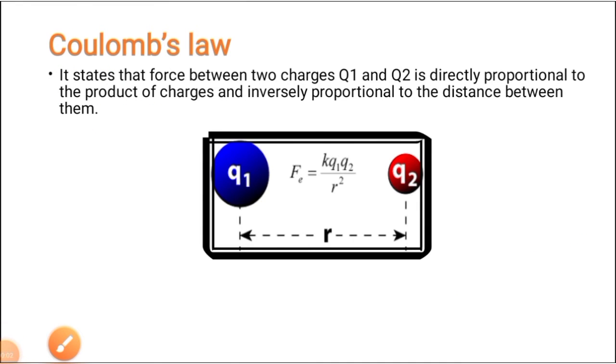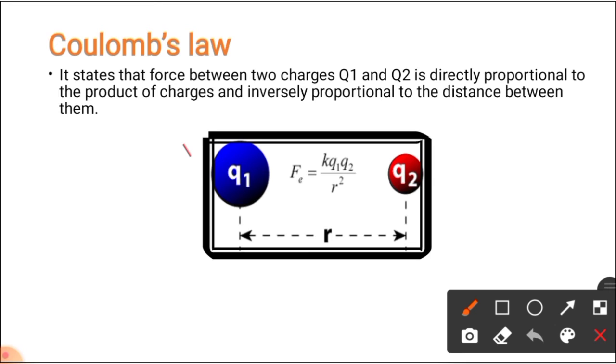Let us see Coulomb's law. Coulomb's law is used to find out force between two charges. Here two charges are used, Q1 and Q2, and these two charges are separated by the distance r.